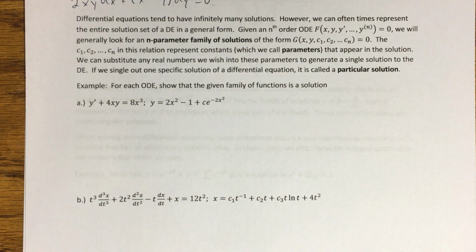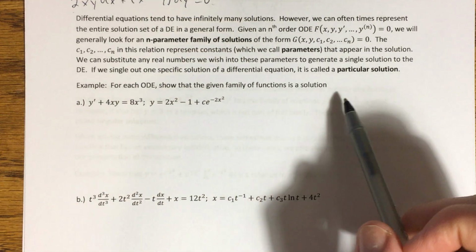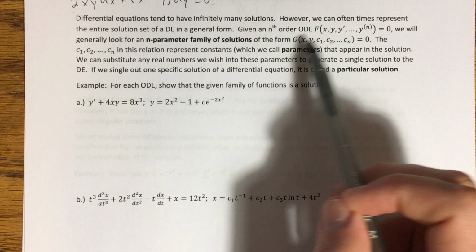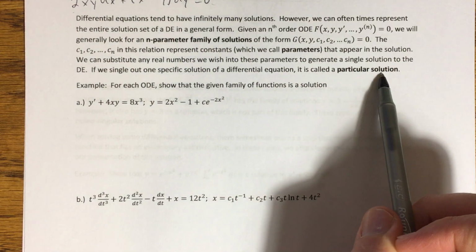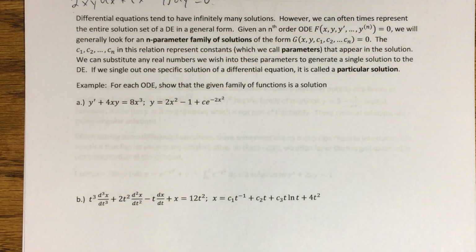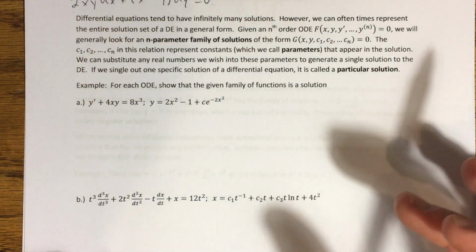Now, in practice and applications, we're usually not satisfied with an infinite family of solutions. Usually we want just one solution. And for that, we need a little extra information. We're going to talk about that in 1.2. But if we were to single out a specific solution from an infinite family, we call that a particular solution. This will be a really important term for a lot of the work that we do in this class.